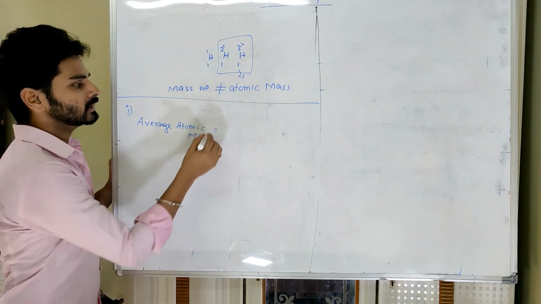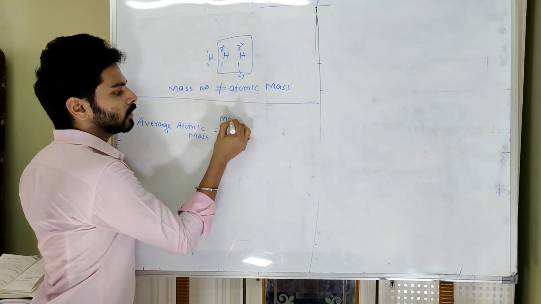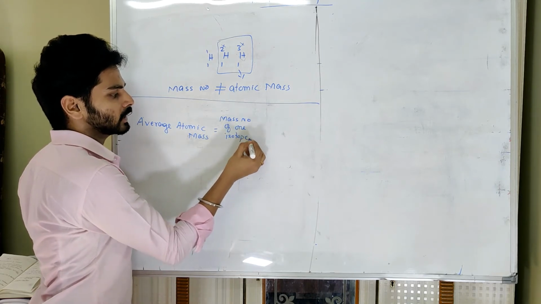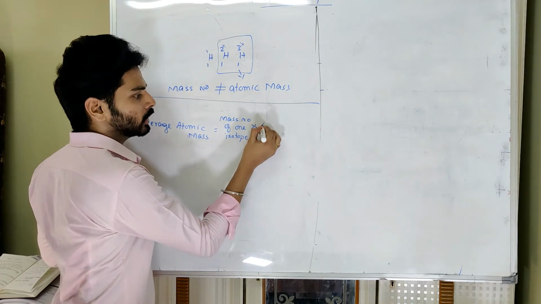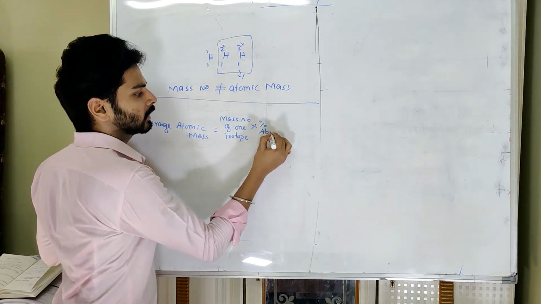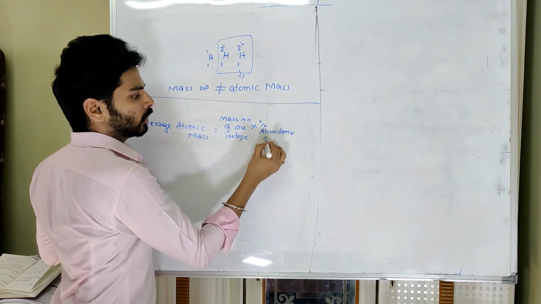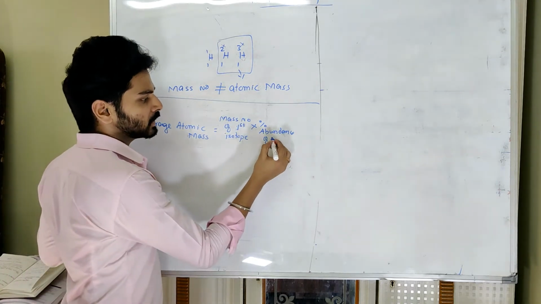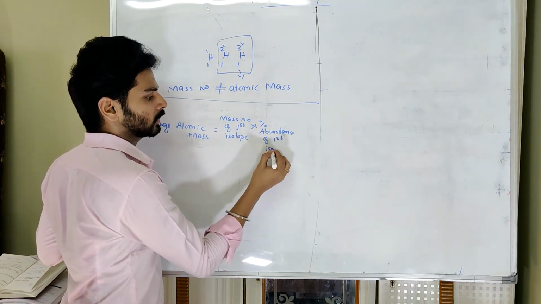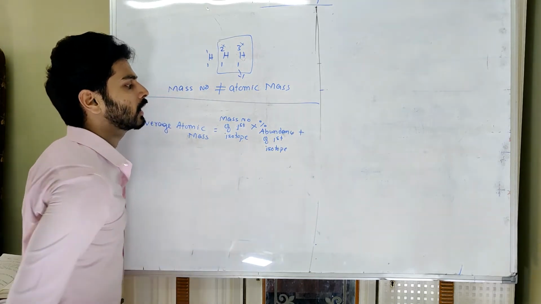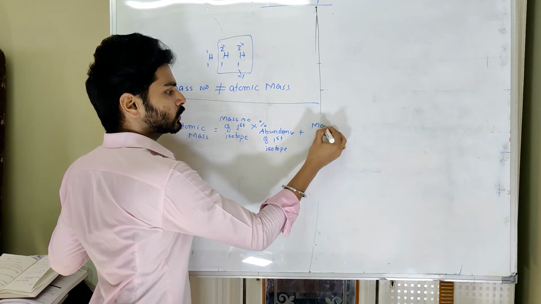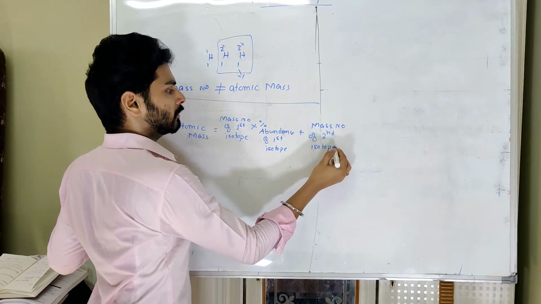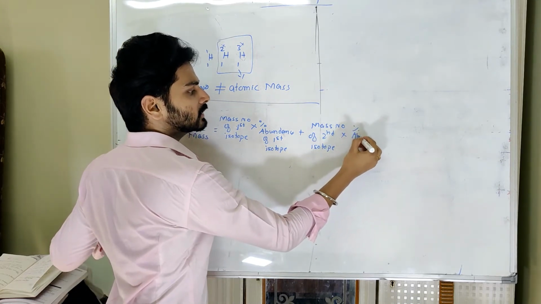So average atomic mass is actually the mass number of one isotope. If there are many isotopes, then I will be taking the mass number of one isotope into its percentage abundance, that is, the mass number of the first isotope and percentage abundance of the first isotope, plus the mass number of the second isotope, and I'm multiplying with its percentage abundance.